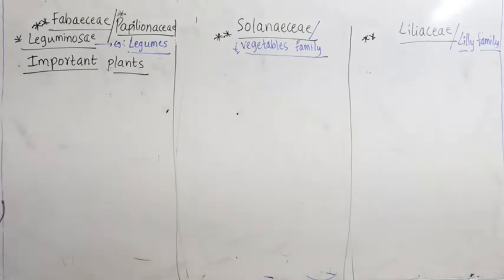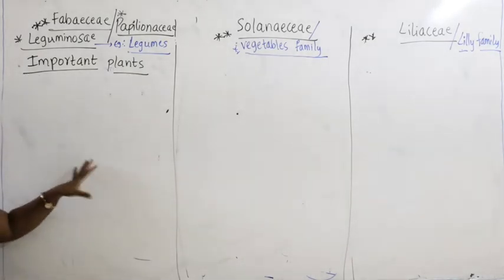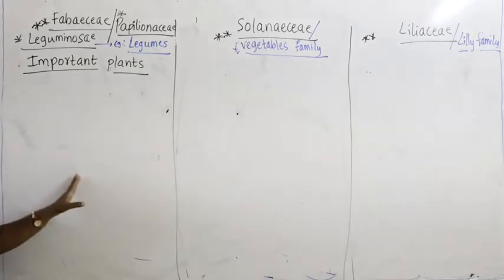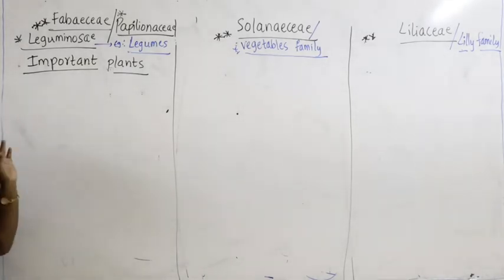Fabaceae has lakhs of plants which belong to it, but out of which we need to remember the important plants, study them, keep them in our mind, and know their importance.